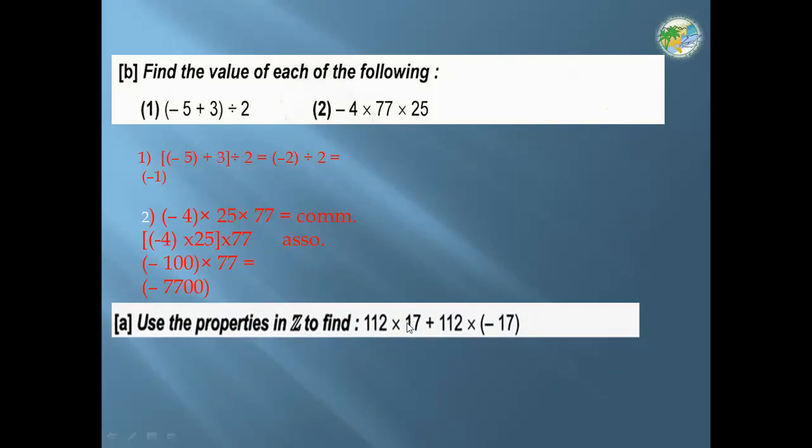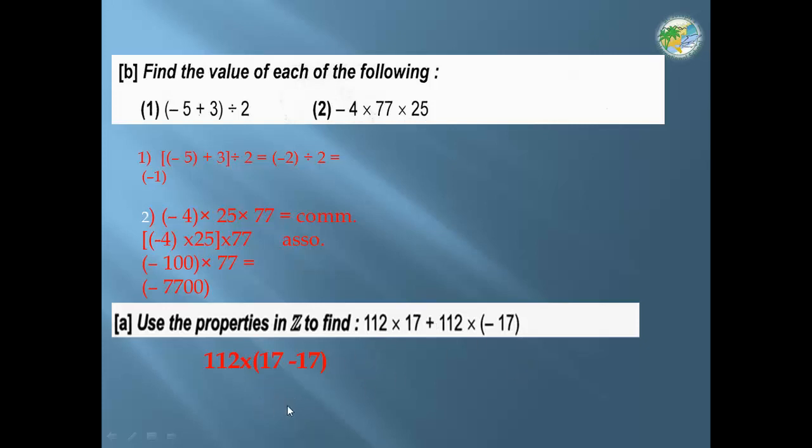Okay. Use the property in Z to find. هي ايه البروبرتي هنا اللي we can use؟ طيب look at this question. 112 plus, هو هنا كأنه عامل ايه؟ Distribution. يبقى احنا بنرجعها للأول تاني. هنا 112, we can take 112 outside, يبقى هنا cancel 112 times, and لازم نعمل times. هنا 17 minus 17.